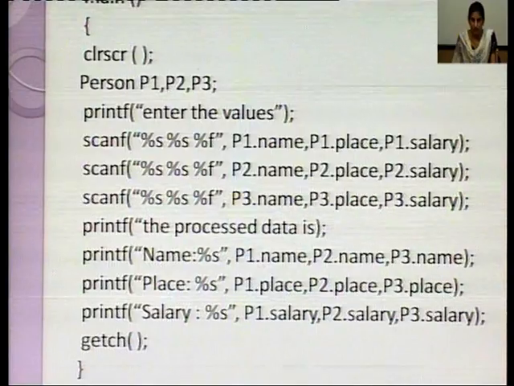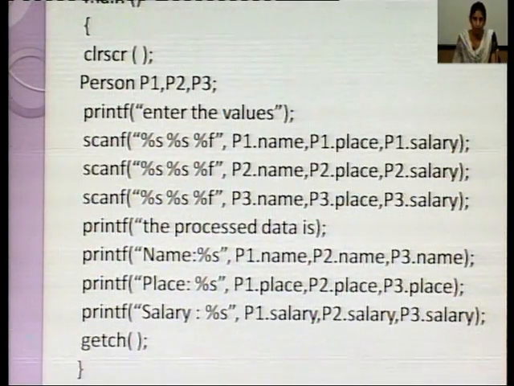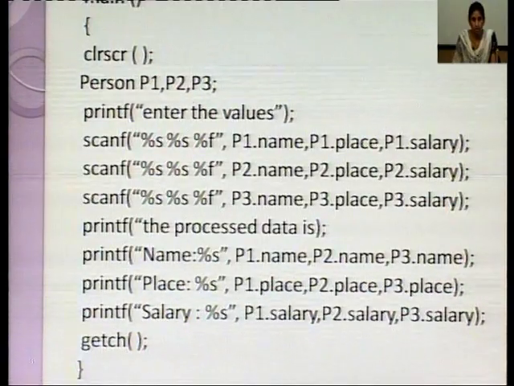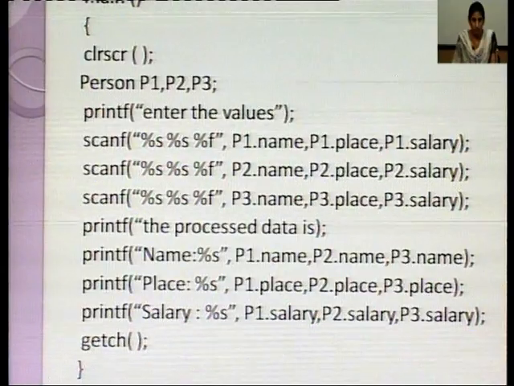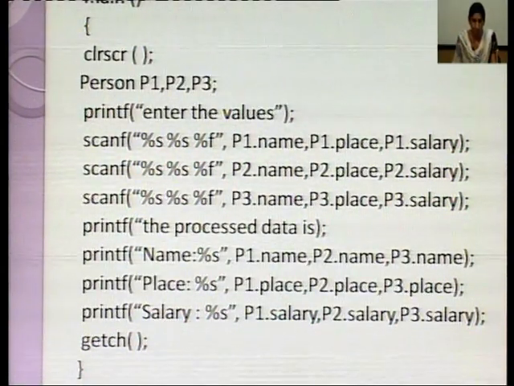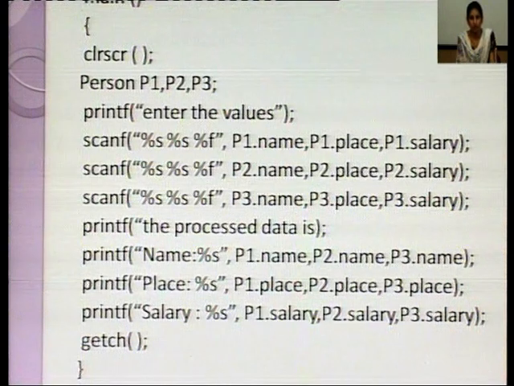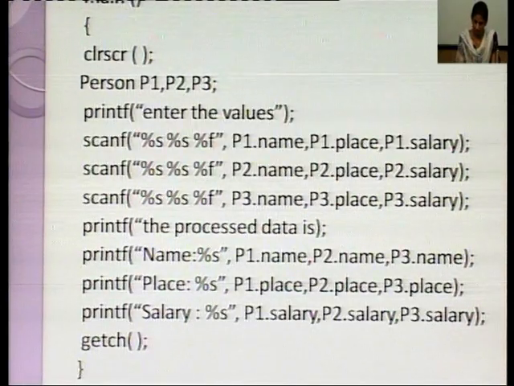Then person name the structure, we will make 3 variables, that is p1, p2, p3. P1, P2, P3 all will represent different persons. We will print the statement enter values, then with scanf we will input for all structures P1, P2, P3 name, place and salary.